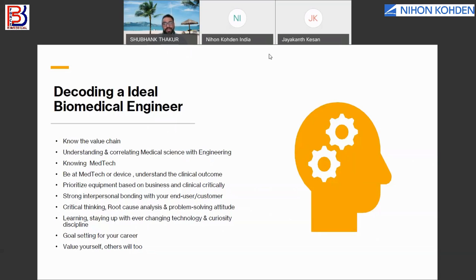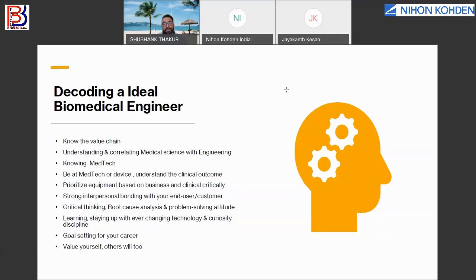In fact, for any task you do, personal or professional, you should know what the outcome is, and biomedical engineering is very much driven by tasks and their outcomes. So you should place yourself in the position of the people you're serving and working with, and understand what their expectation from you is. That's where your quality of service and your quality of professionalism will be driven. So that's very, very important.